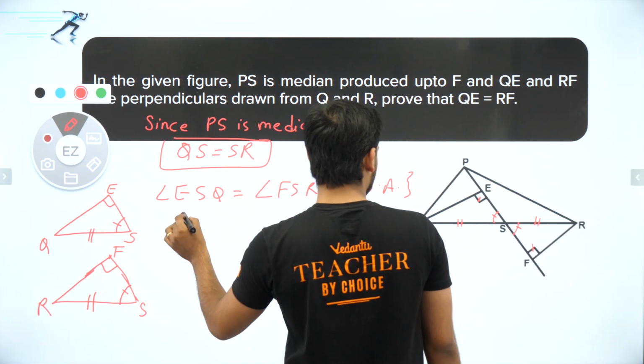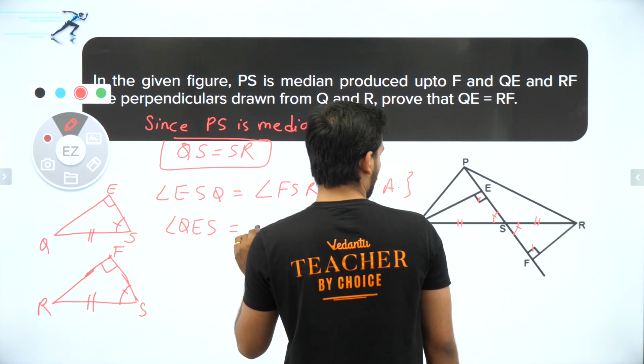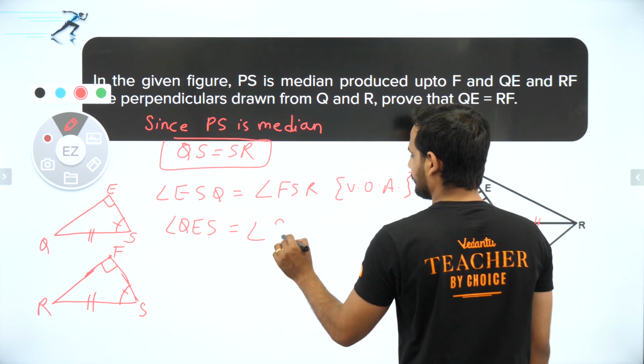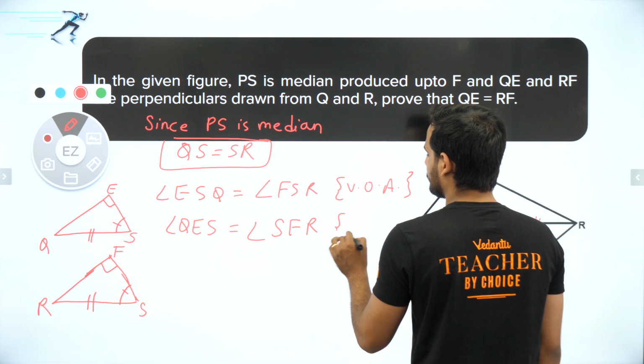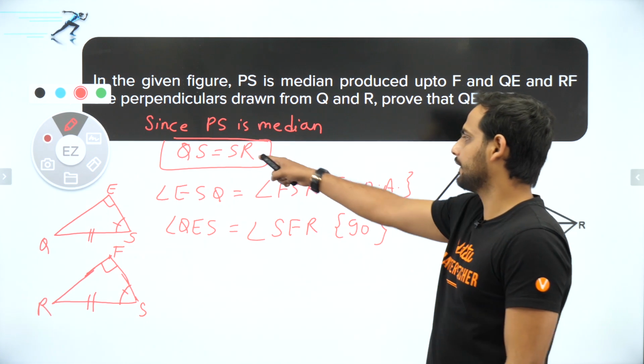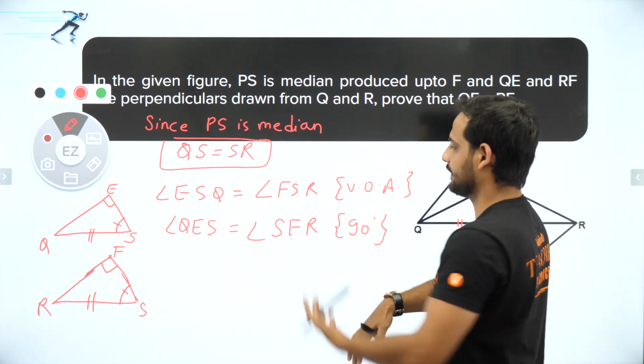And then I can say, sir, my angle QES is equal to angle SFR, which is why, because they are 90 degrees. So here you can say, sir, your angle and side, okay, angle side, okay. So I have to write it in the reverse order.